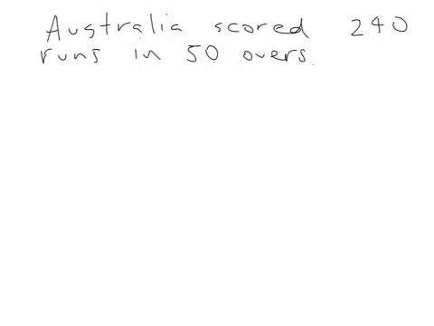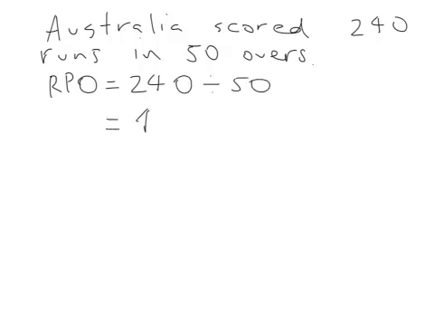We develop an RPO, runs per over. Well, we'd say runs, 240 divided by 50 is 4.8 runs per over. Now I hope you know that in cricket you can't actually score 0.8 runs per over.